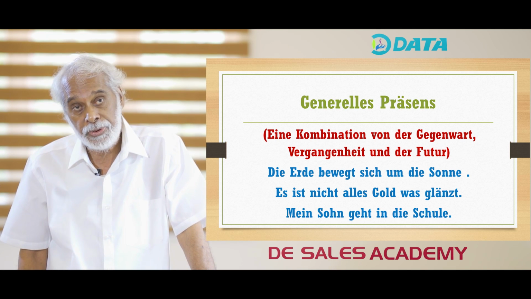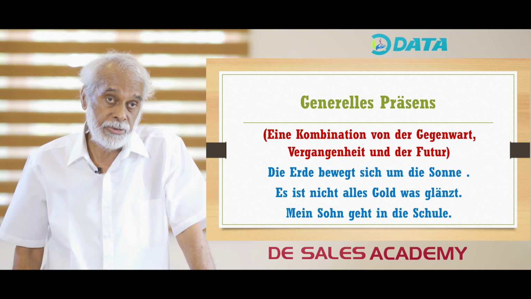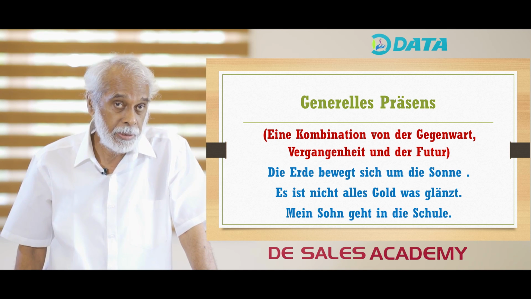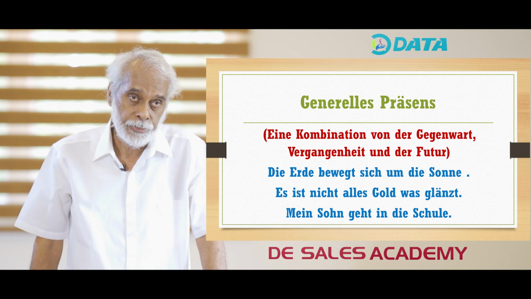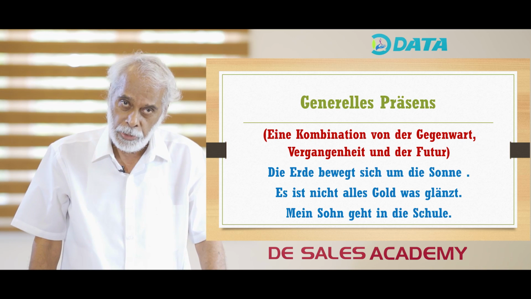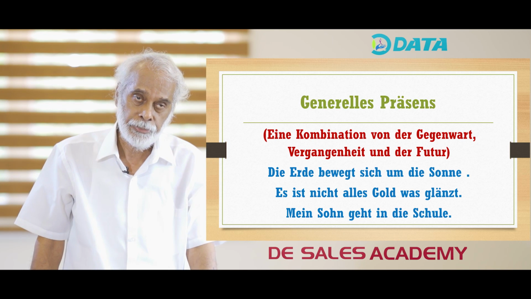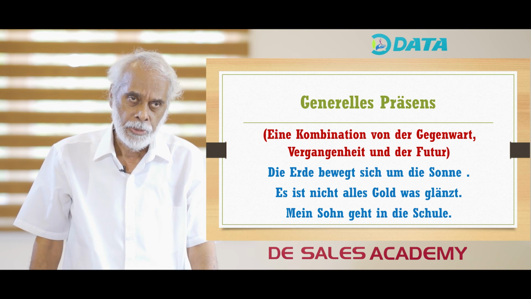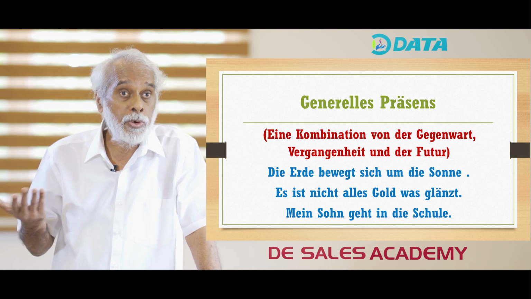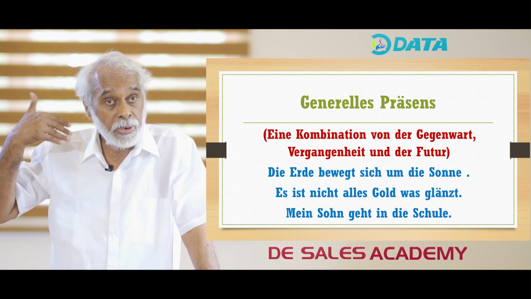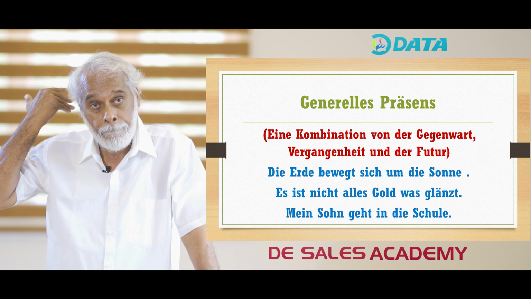Structure is very much a present tense sentence. Does it mean that now the earth is going around the sun? Yes, it's going around. And when did it start? We don't even know. Millions and millions of years back.